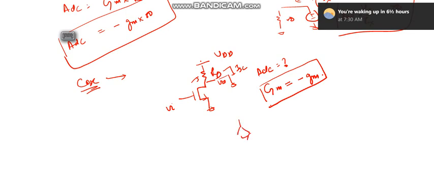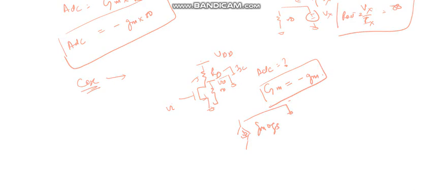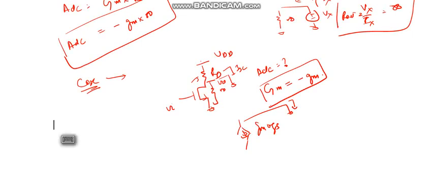The small signal model reduces again, and ro and RD are both between output and ground, so we neglect them. This is Gm Vgs, and this is ground, this is Isc, which equals Gm Vin, this is Vi. So Gm is again given by this.